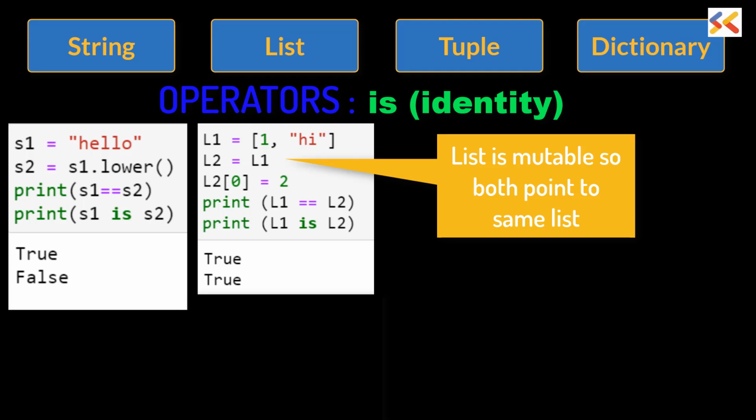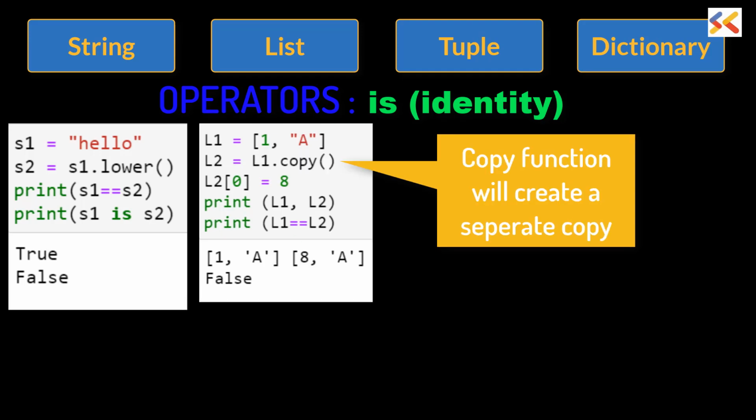When we use equal to operator to assign to a new list, it does not create a copy. Both variables point to the same list. If you try to change one of them, the other changes too. If you want a separate copy, then you need to use copy function of list. Now you will see both lists are different.